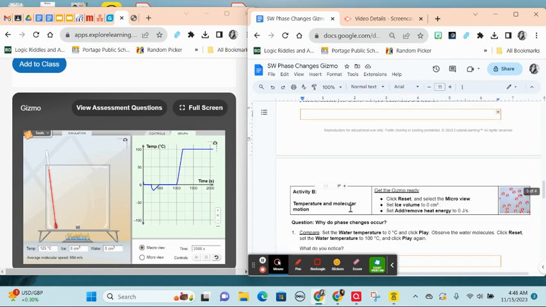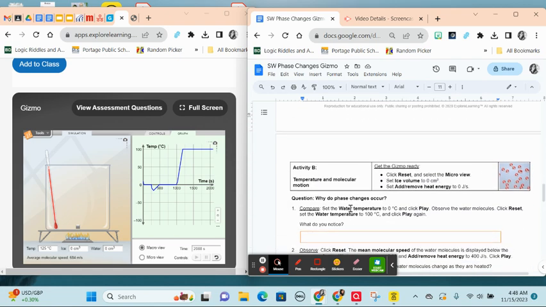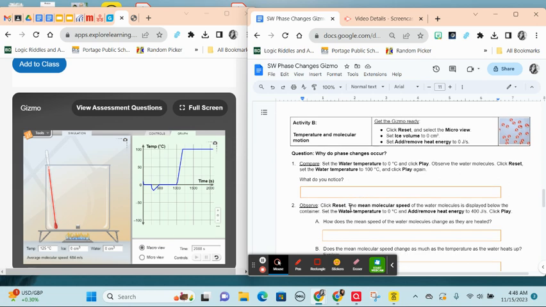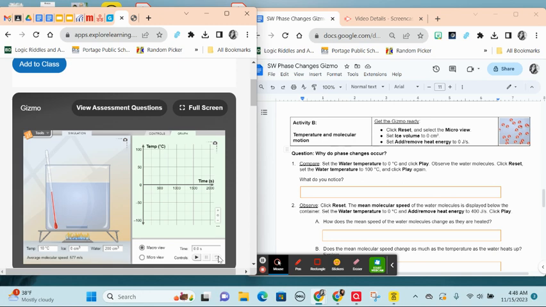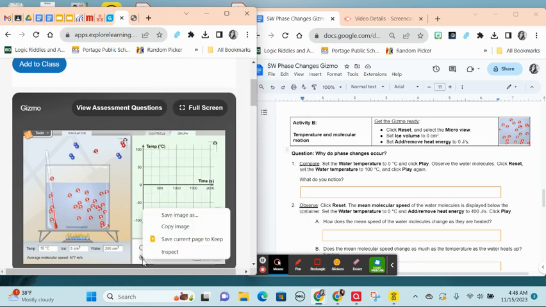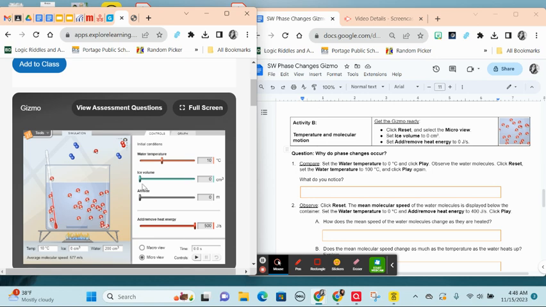All right, so let's see why phase changes occur. So then we're going to set the water temperature to 0. So first of all, we'll click reset. We got to get it all set up. We'll set it to micro view. Okay, now we see the particles. We want to set ice volume to 0. Okay, so we're back down to 0.